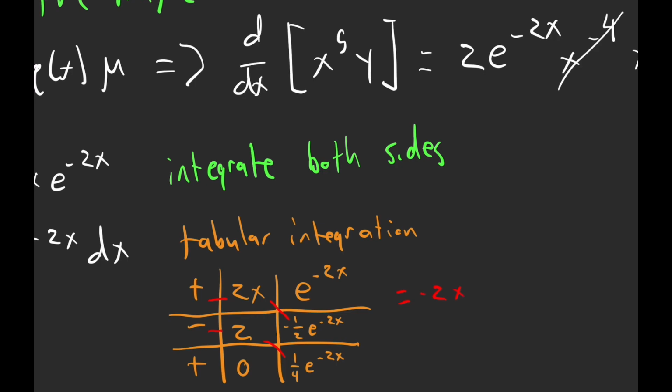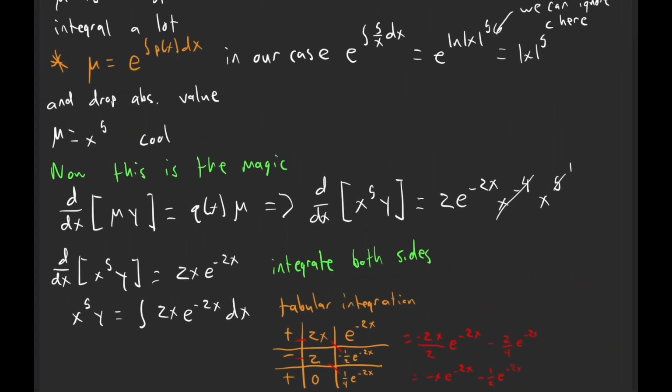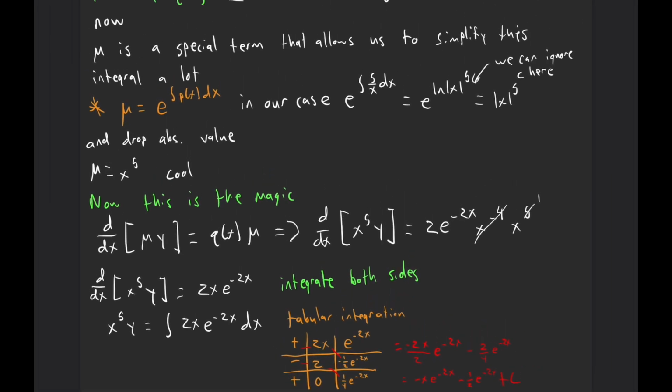So it's 2x over 2, and it's negative because of the negative 1/2 e to the negative 2x, and those two cancel, and we get negative x e to the negative 2x, and then over here we have the fourth. And don't forget your plus c when you're doing integration by tabular method. And now we have that x to the fifth y is equal to negative x e to the negative 2x minus 1/2 e to the negative 2x plus c.